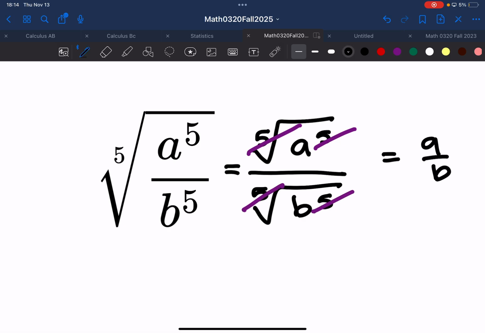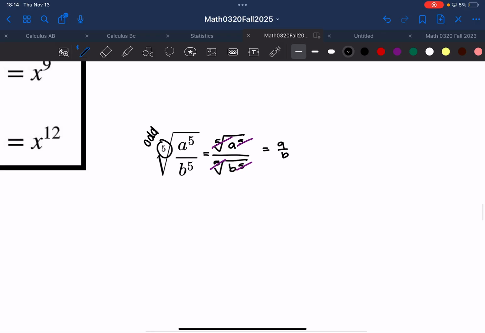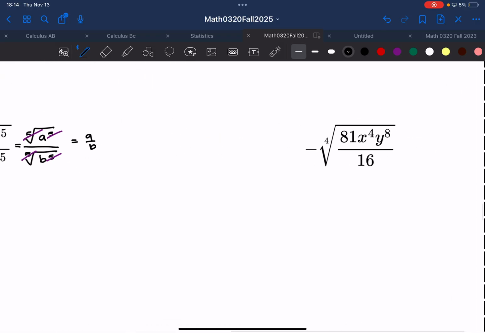And why am I not putting it in absolute value? Not because it's variables, because it's odd. This is odd. If it was even, I would have to put it in the absolute values. So even gets absolute value, and odd is just by itself.